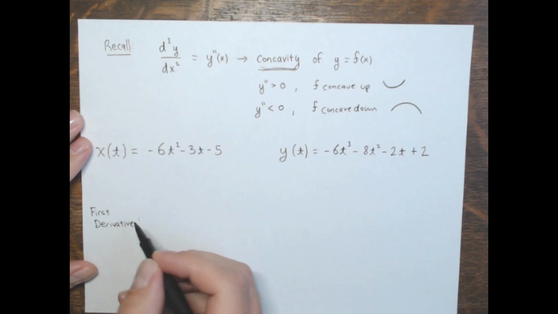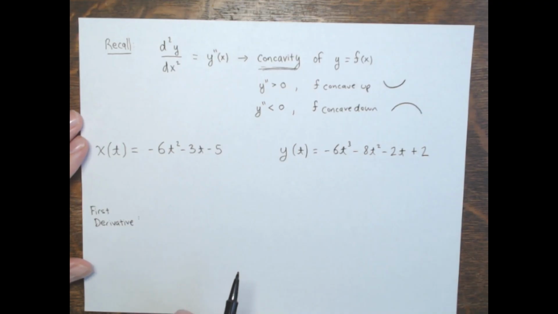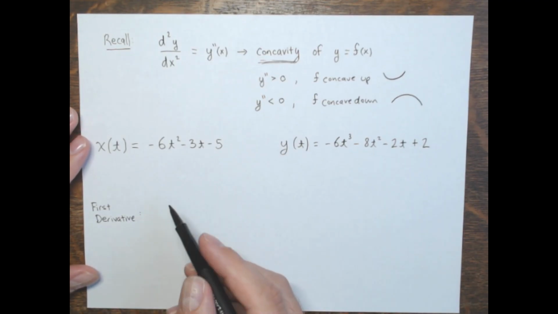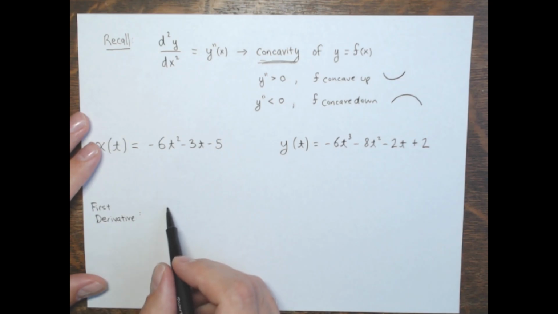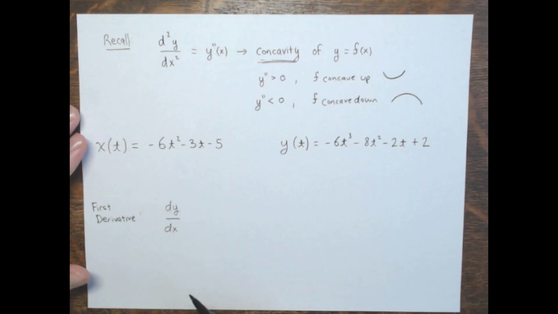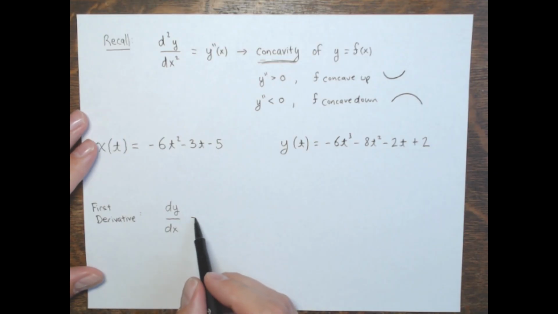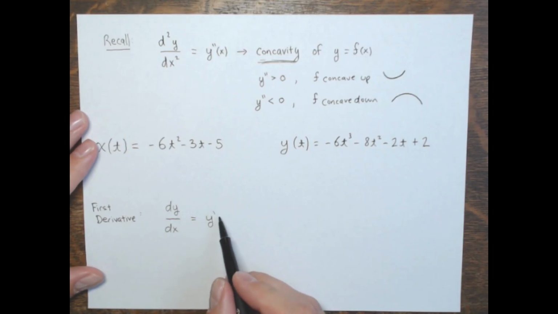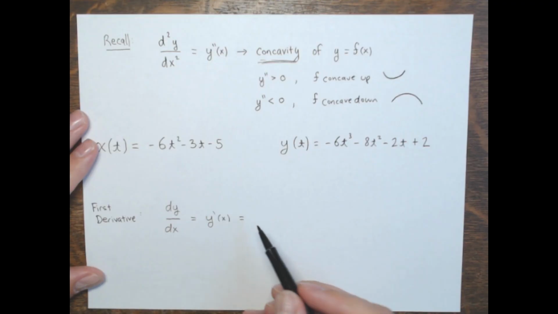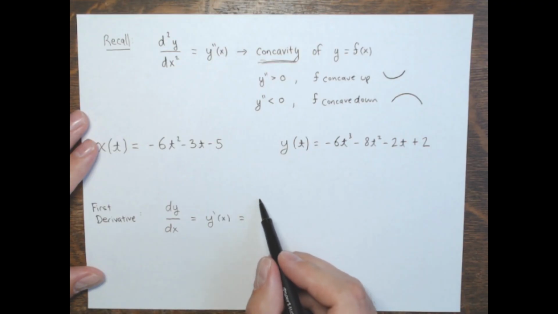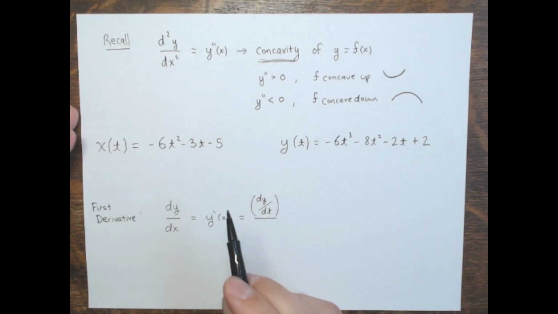And hopefully you recall. If you don't, I'll write it again here, how to find the first derivative really quickly when your x and y coordinate depend on some parameter, which in this case is t. First derivative, dy over dx, which was slopes of tangent lines to the curve. Or you could call it y prime of x, right, depending on x. This is equivalent to dy over dt, so the derivative of y with respect to t.